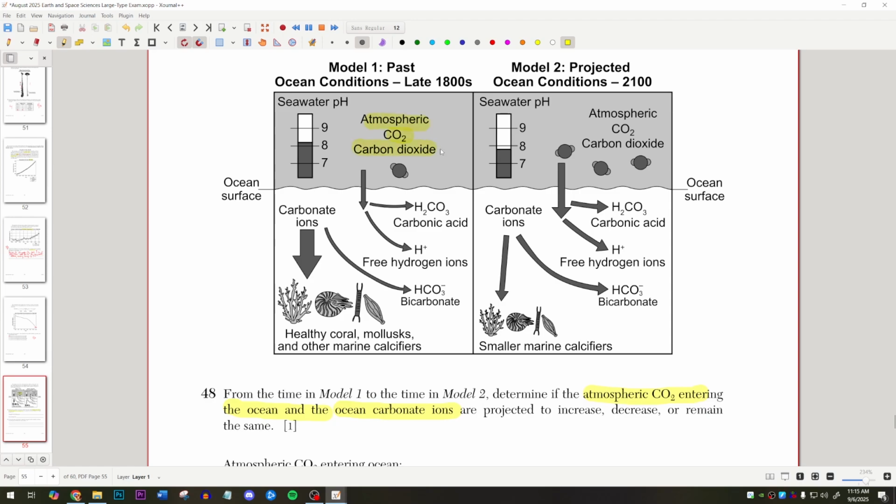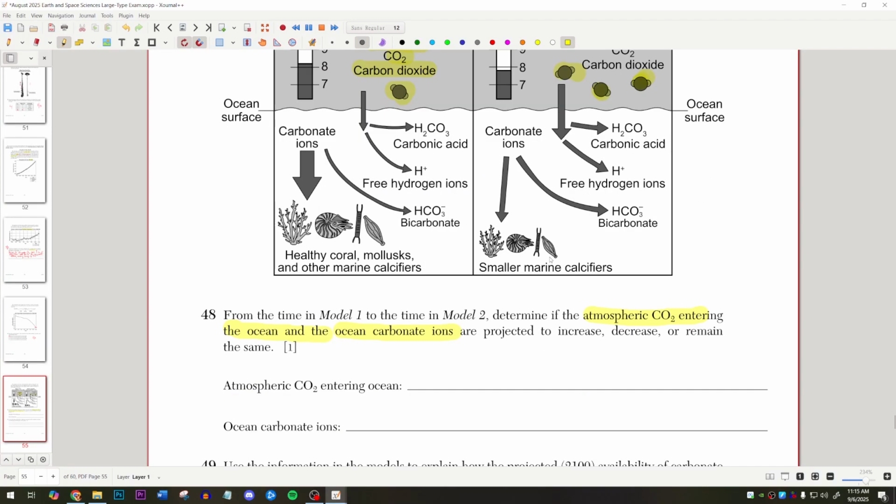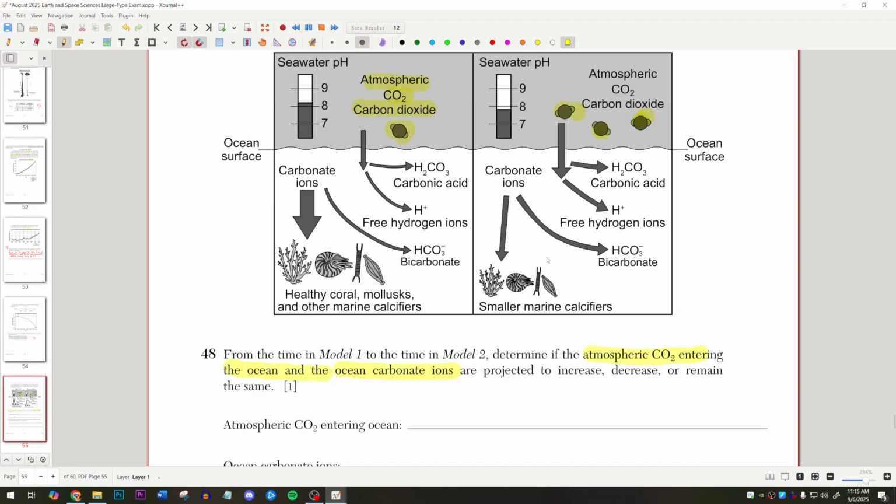Atmospheric CO2, there's 1, and now there's 3. So it seems like it's going to increase. Atmospheric CO2 entering is going to increase.